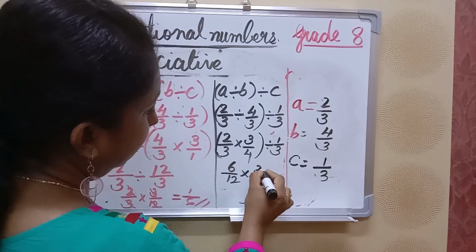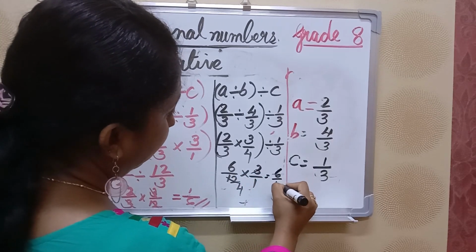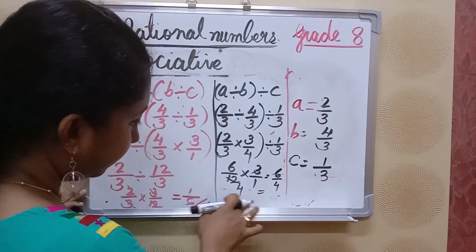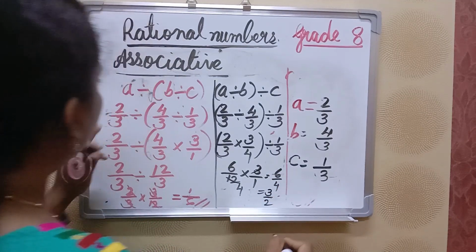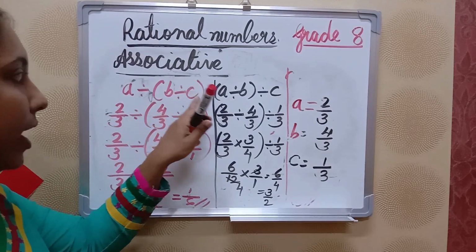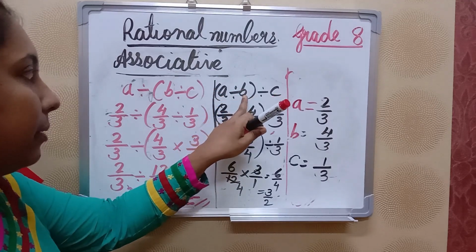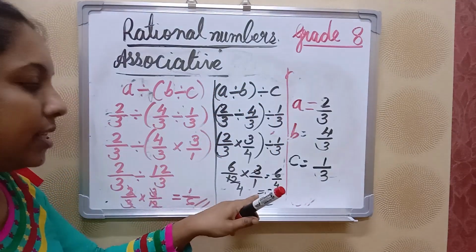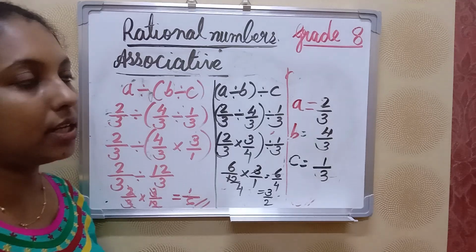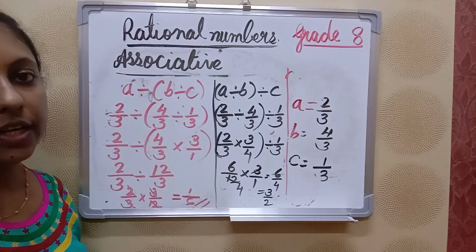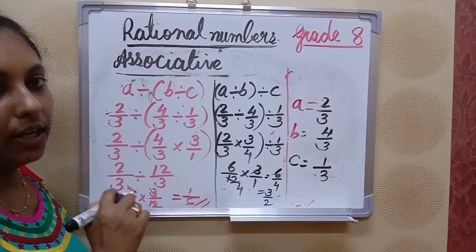So 3 and 12 we can cut. That is 6 by 4. Again we have to simplify, this is 3 by 2. So a ÷ (b ÷ c) is 1 by 6 and (a ÷ b) ÷ c is 3 by 2. So rational numbers are not associative over division.